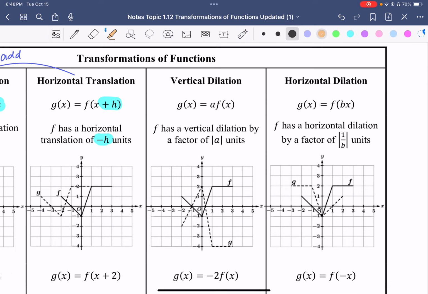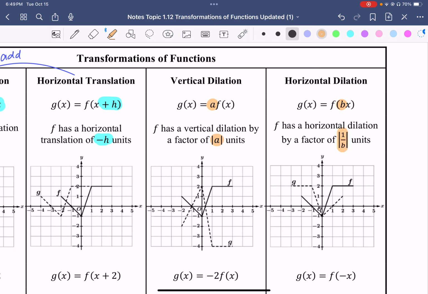So a vertical dilation has the letter a, and it is outside of the function f of x, and it is exactly what it appears. So if you have, let's say, 2 on the outside, then you have a vertical dilation by a factor of 2. So it's exactly what it appears, unlike the horizontal dilation where you have multiplication inside of the parentheses, represented by the letter b, but this one, the factor will be the reciprocal, which is 1 over b.